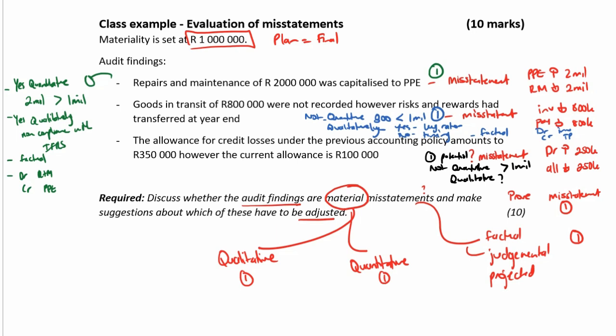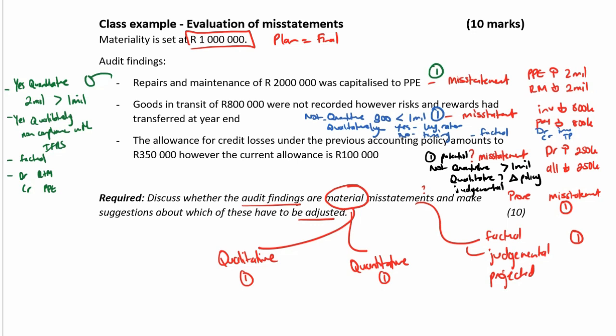You could say yes, it affects key ratios, or you could say no, it's not qualitative. There's just been a change in a policy. If you were aware that they were trying to fraudulently reduce the allowance to increase debtors, then it would be. Is it factual, judgmental, or projected? It's judgmental. Because it's all about an estimate.